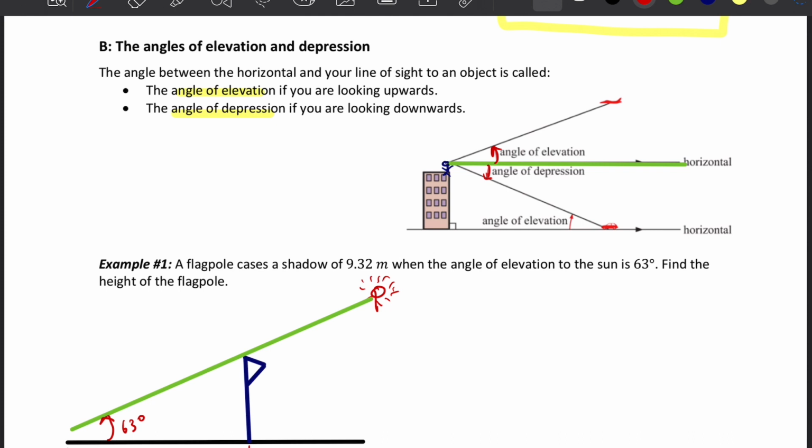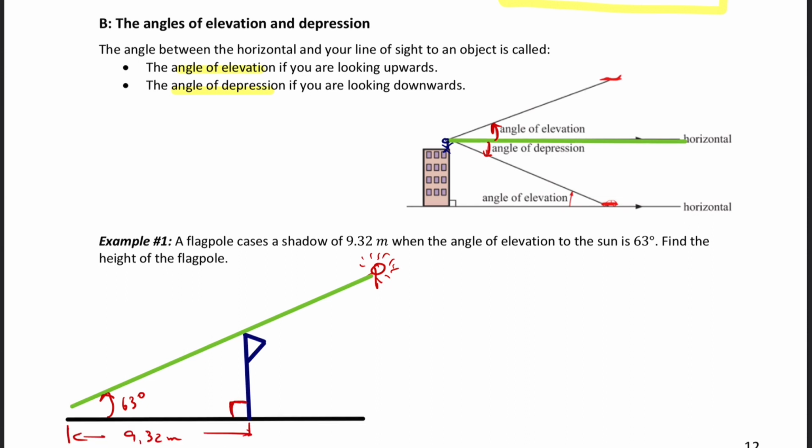Since we have a 90 degree angle here, we can simply use a trigonometric ratio to solve for the missing height, which is the height of the flagpole. We know this is our 63 degree angle, the height is the opposite, and we also know the adjacent.